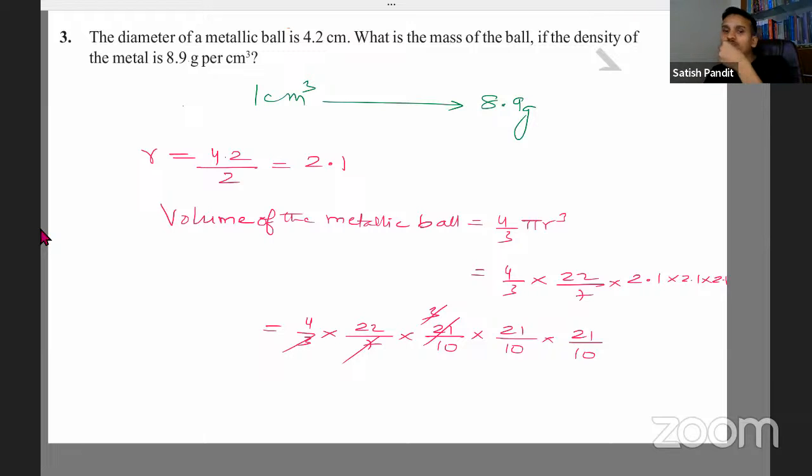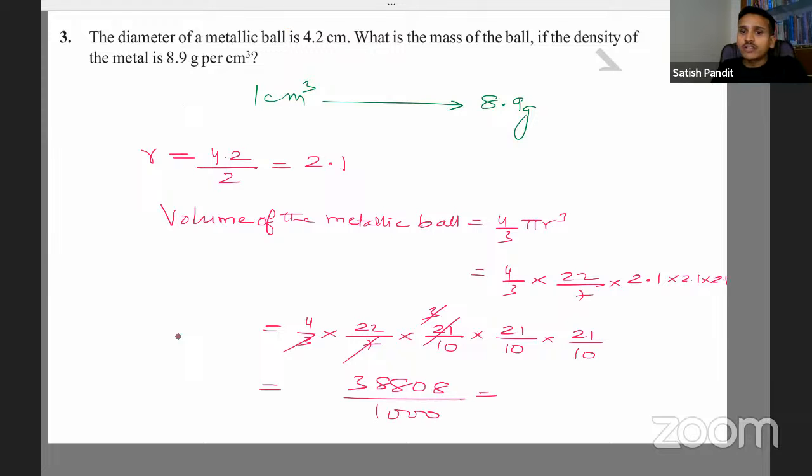I will not cancel anymore. Why? If you cancel, you'll get 5, and again you divide by 5. It will be tough. So what we'll do is we'll multiply and put decimal places. If you multiply 4 into 22 into 21 into 21 into 21, I'm getting 38808 divided by 1000.